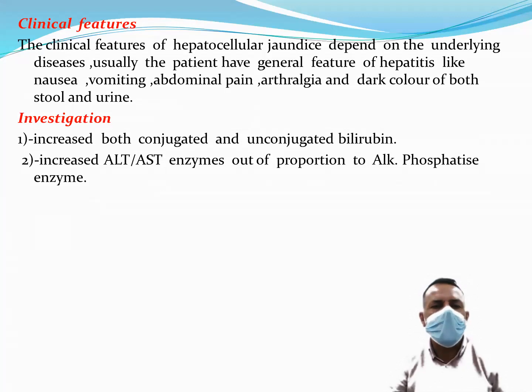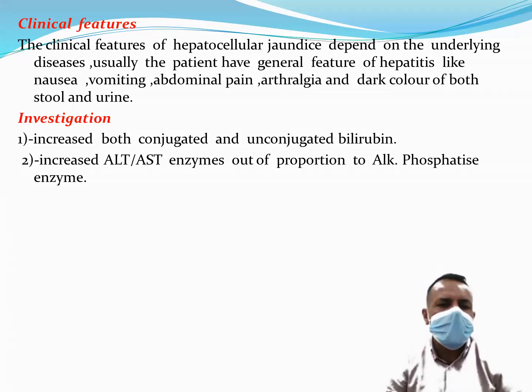When a patient has abdominal pain and fever, with tenderness in the upper abdomen on examination, yellow discoloration of the sclera and dark urine, we have high suspicion of hepatitis or any parenchymal liver disease. So the clinical features of the patient with hepatocellular jaundice depend on the cause.